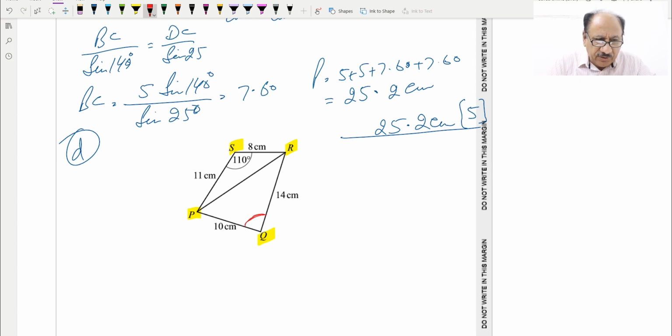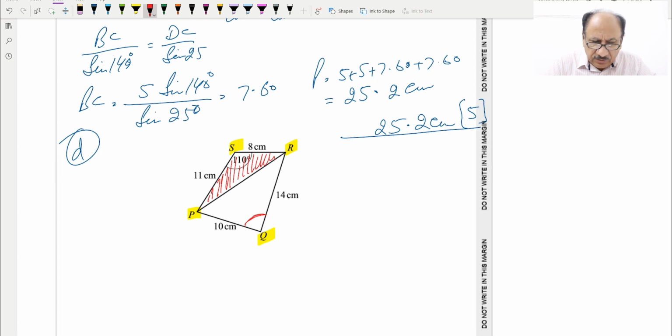So we need to find this angle. First of all, we can consider this triangle, and in this triangle, we can find PR. After finding the PR length, we will be able to find the PQR angle also.